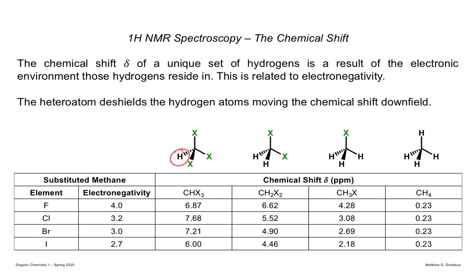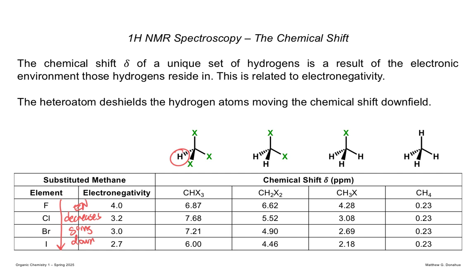So we can't do 4 substitutions because it would no longer have a proton on it. So we're going to look at the halogens, and remember that electronegativity decreases that way. So our standard is methane.